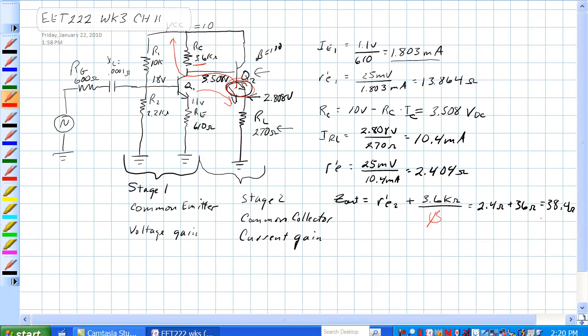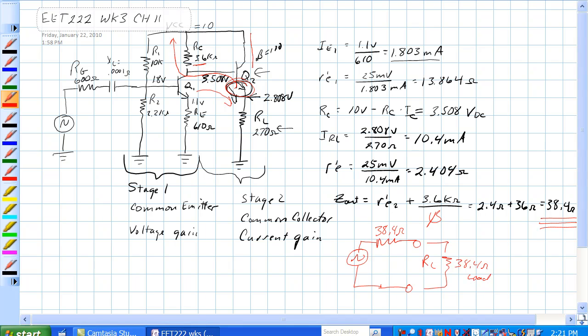We have a Z out of 38.4 ohms, which means if you're looking at a Thevenin equivalent circuit, maximum power transfer happens when we have a 38.4 ohm load. This transistor circuit can output a lot of current.